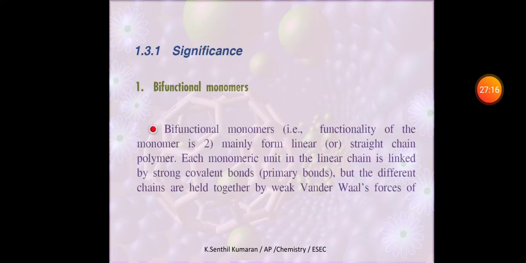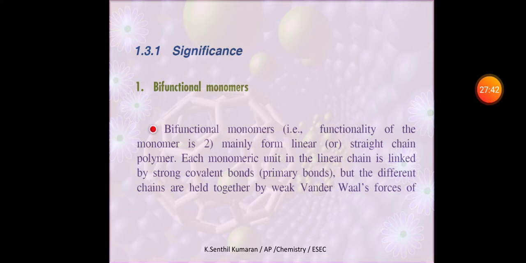Next, significance. Bifunctional monomers mainly form linear or straight chain polymers. The monomeric units are linear and linked by strong covalent bonds.